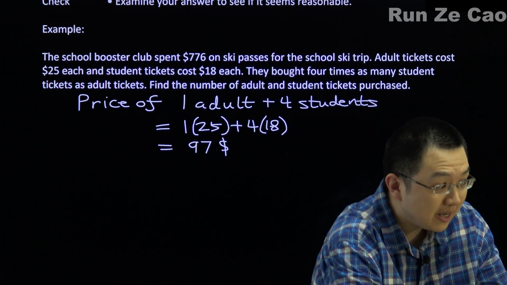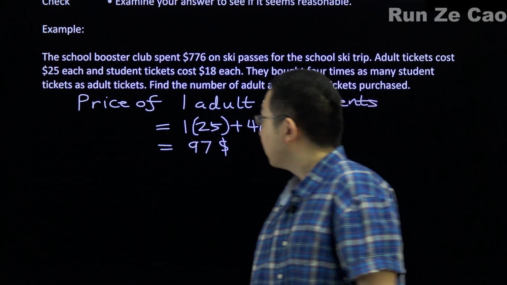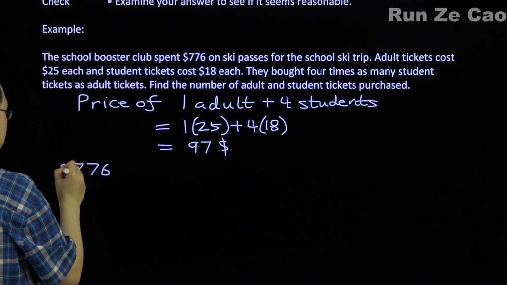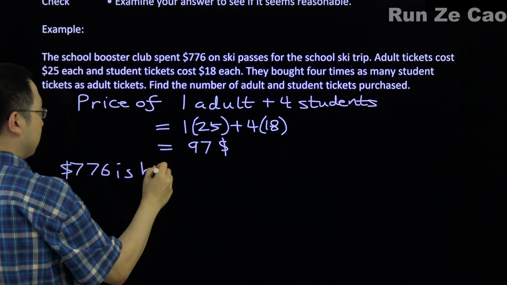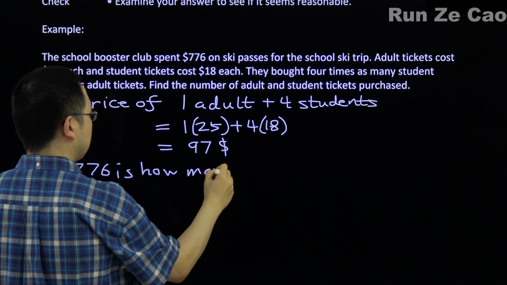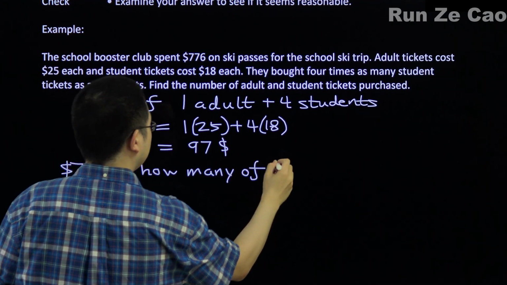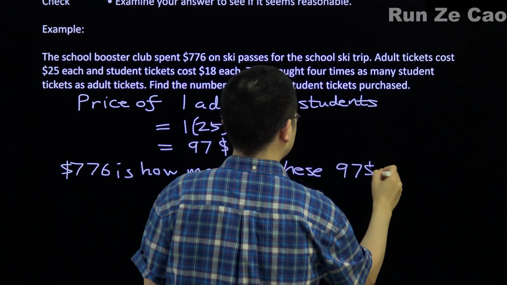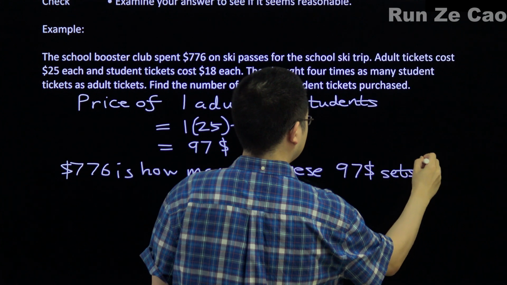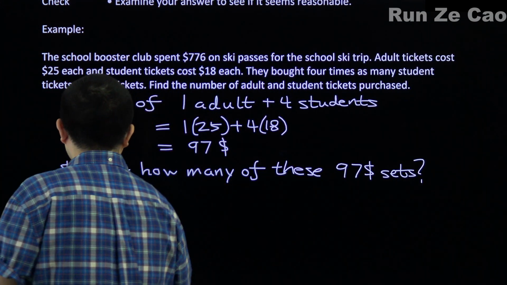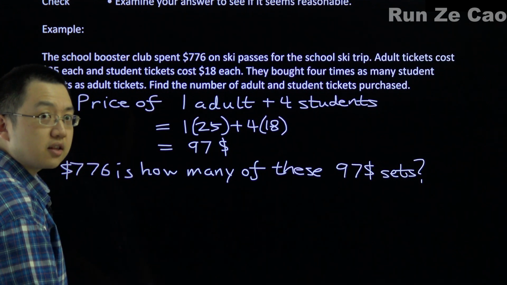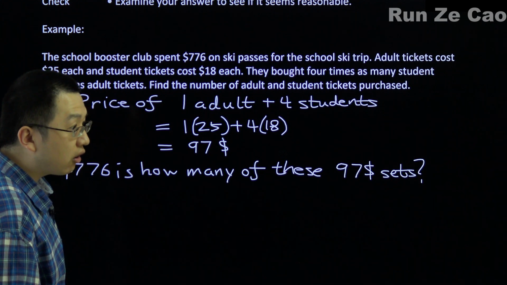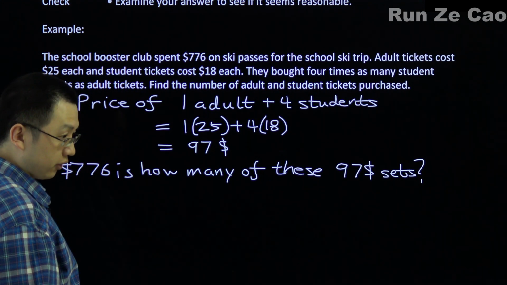$776 is how many of these $97 sets? $97 is $100 minus $3. $776 is $800 minus $24.